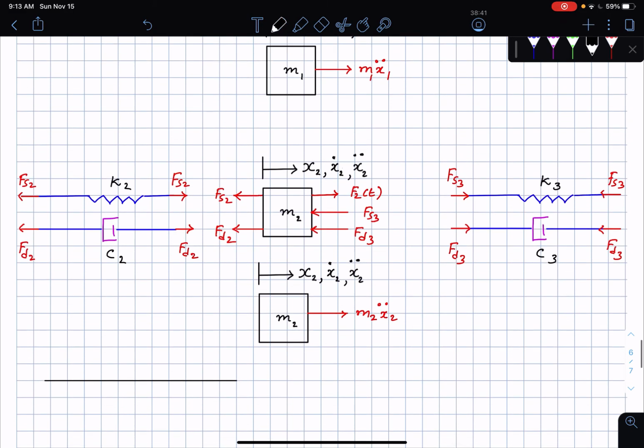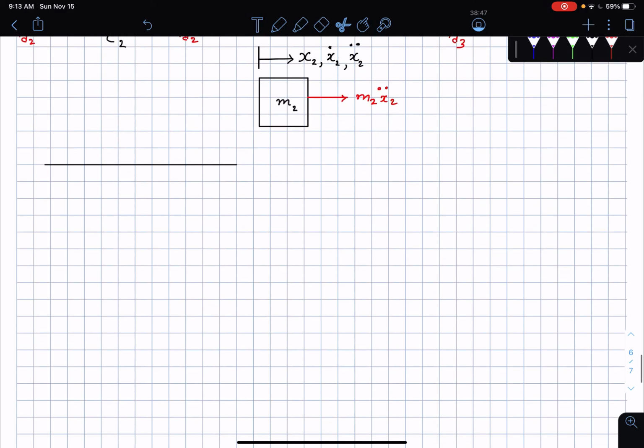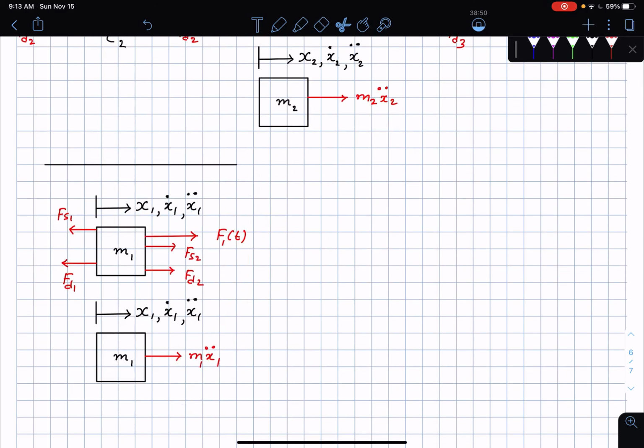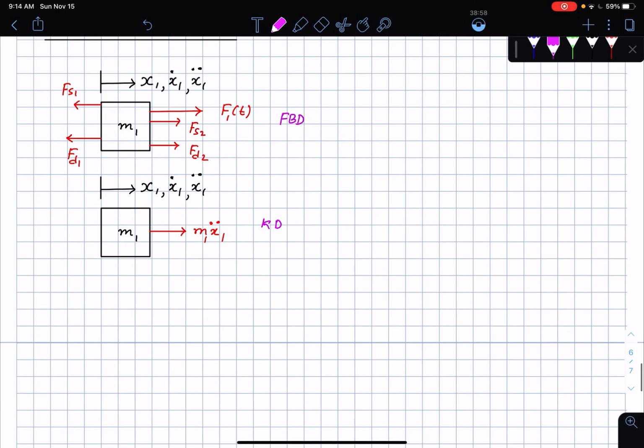Okay, so take the masses together. I'm going to bring this entire set here, copy that, and bring that down here. Okay, this represents the FBD. This represents the kinetic diagram, and it's very easy to see that sum of forces in the free body diagram, according to force balance, should be equal to sum of forces in the kinetic diagram.